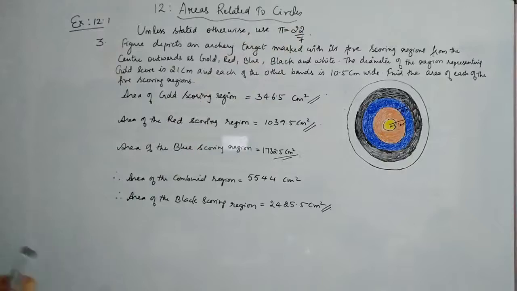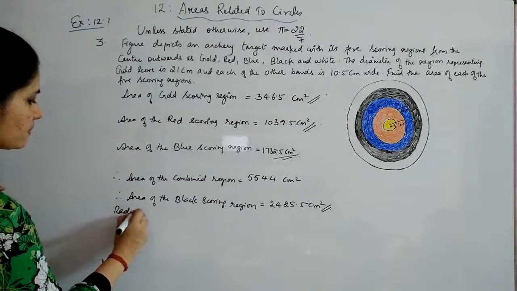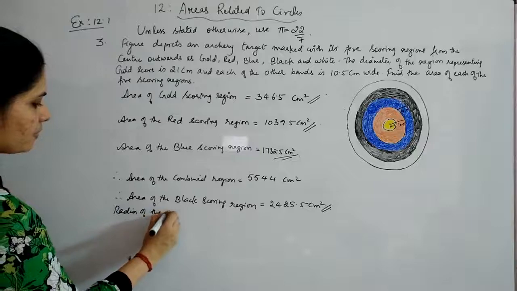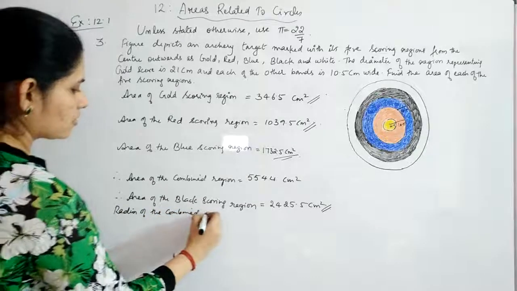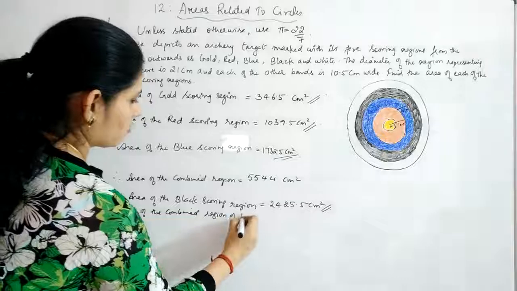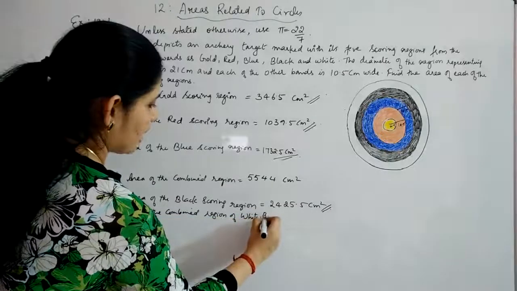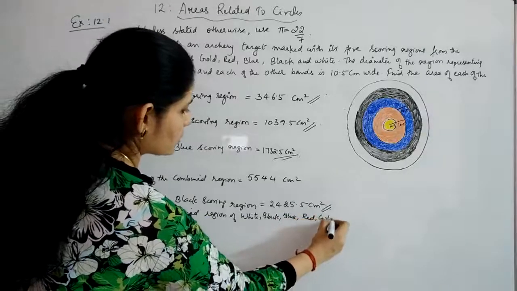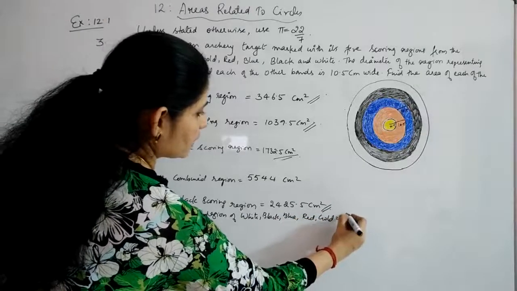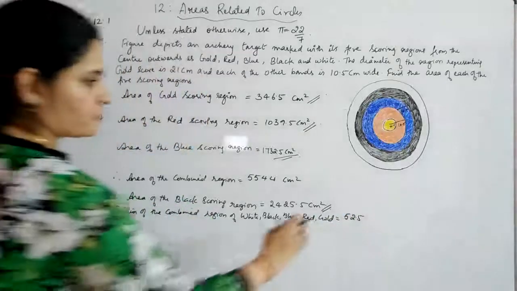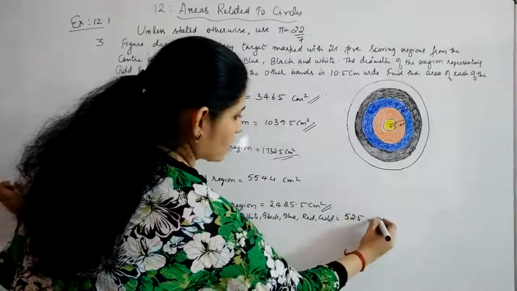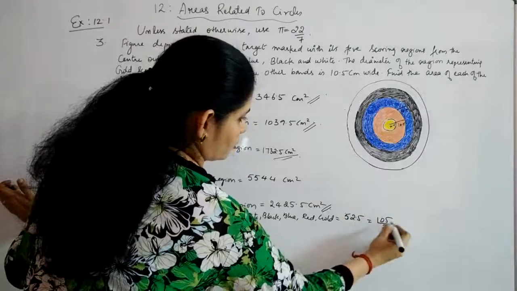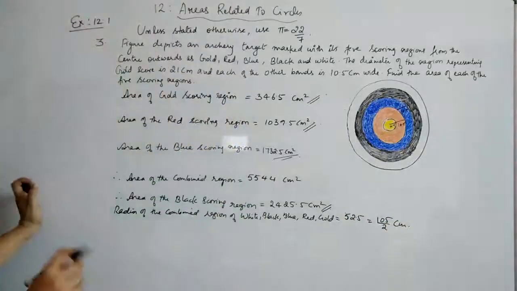That means you have 10.5 into 5, or 42, which you have already got, plus 10.5, which will give you 52.5 as the radius of the combined region of white, black, blue, red and gold. 52.5 can be written as 105 by 2. Why are we writing this? In order to simplify the area.